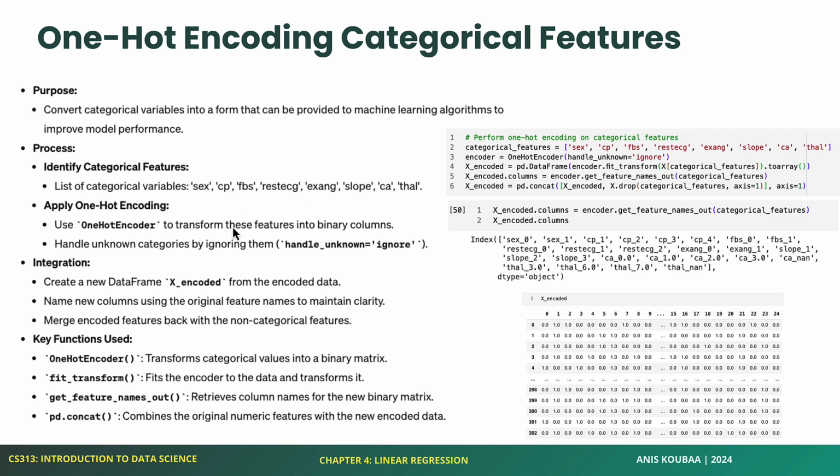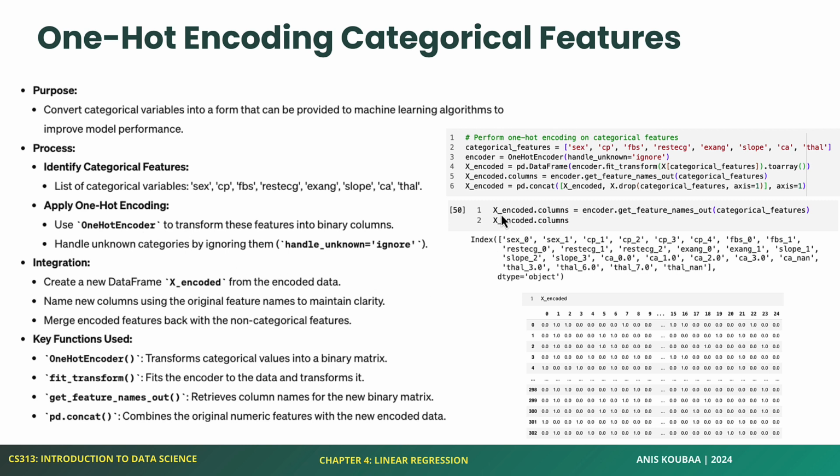This transforms these features into binary columns, and handles unknown categories by ignoring them. For example, gender has male and female, so it will be converted to categorical values 01 and 10. This encoder does all the work for us. We don't need to do it manually.